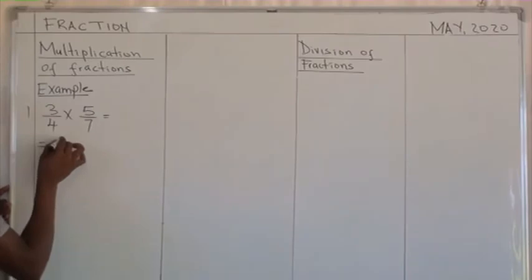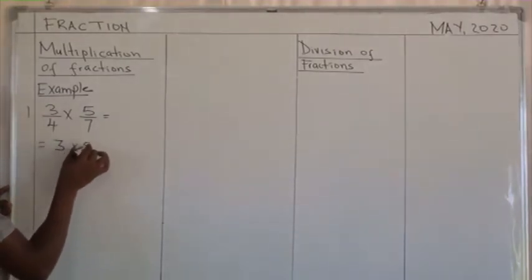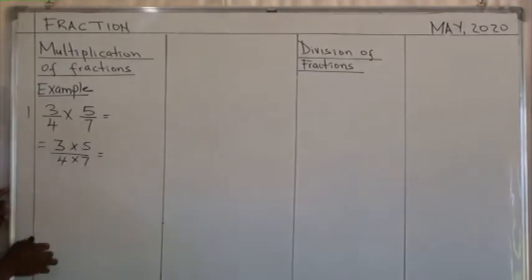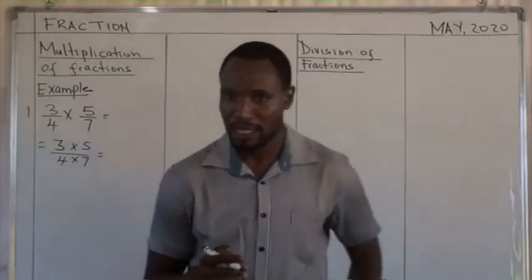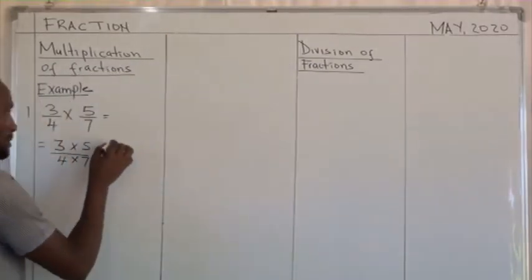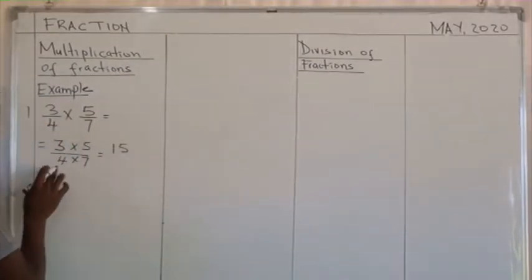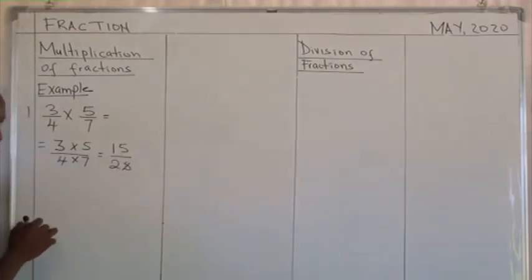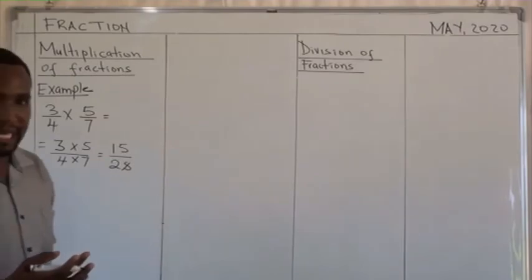So this is what you're going to do. 3 times 5, then 4 times 7. What are you going to get when you multiply this? 3 times 5 is 15. And 4 times 7 is 28. Now let's look at 15 and 28.